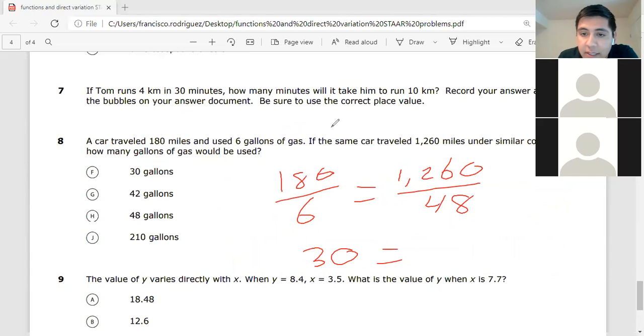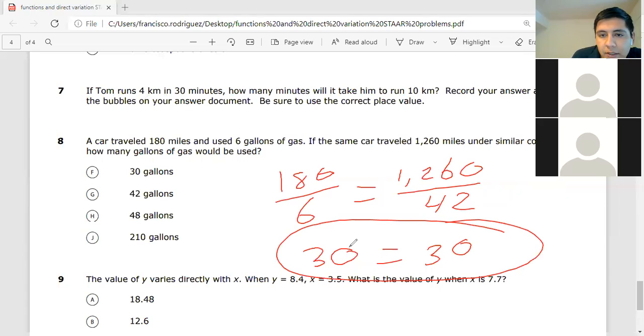So if I do the same on the other side, 1,260 divided by 42, not 48, I made a mistake there. There we go, 42. We get the same 30 miles per gallon. So that's just another way to check our answer, okay?